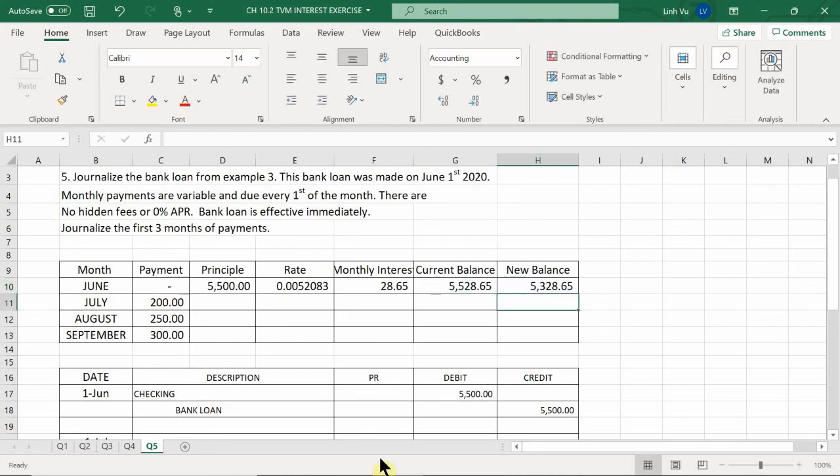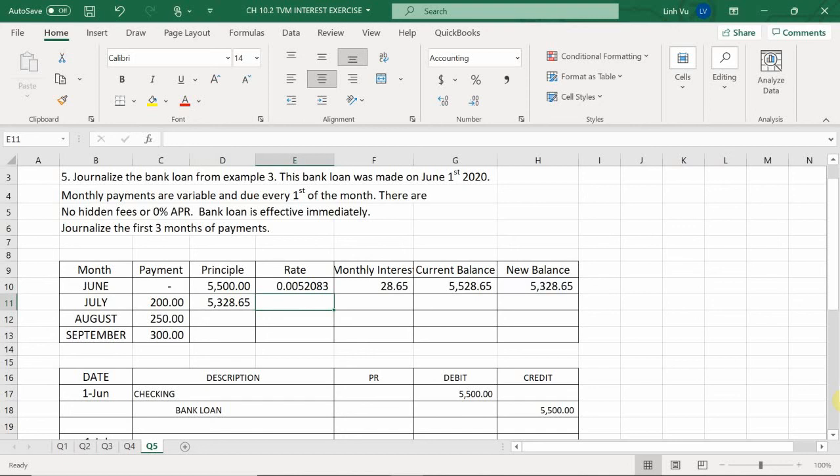Now my new balance is going to be my new principal, which is going to be the $5,328.65, which once again, I'm going to recalculate because now I need to solve for the interest that I'm going to collect as of August.